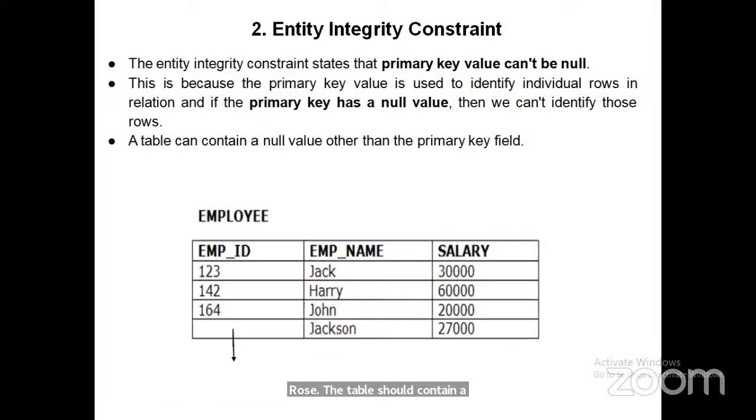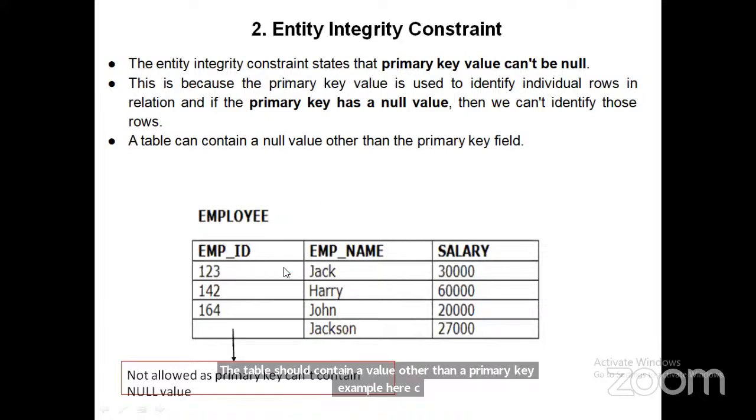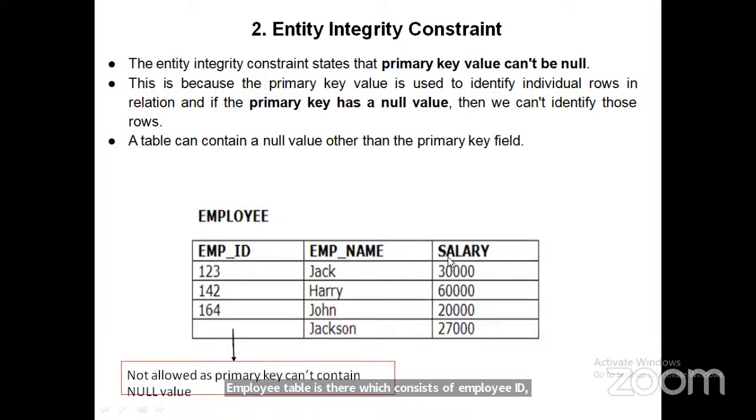Example here, see. Employee table is there, which consists of employee ID, employee name, and salary. So here, employee ID should not be null. Why? Because for employee ID we have kept the primary key condition, that means it should not be null. But here, it is empty.